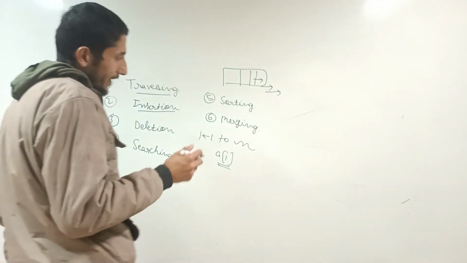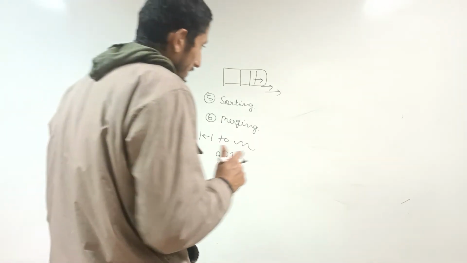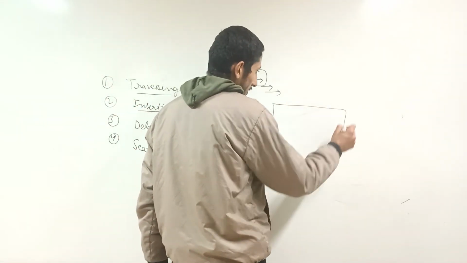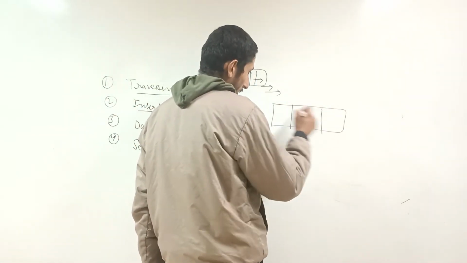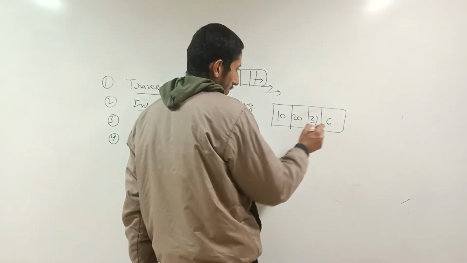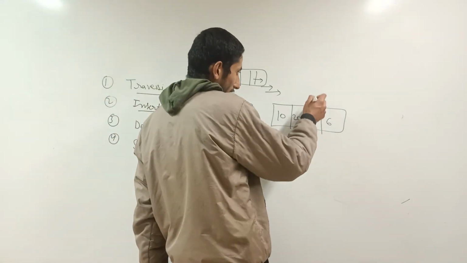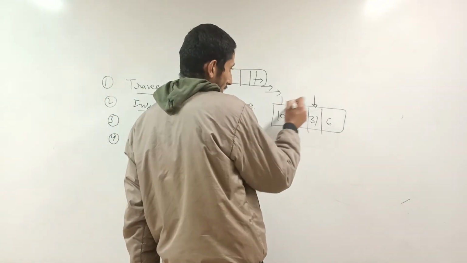Deletion. So we can delete an element by index or we can delete an element by searching. It means if I have an array like this, and someone says please delete element number 3, what I can do is delete 31, if it starts from 1.